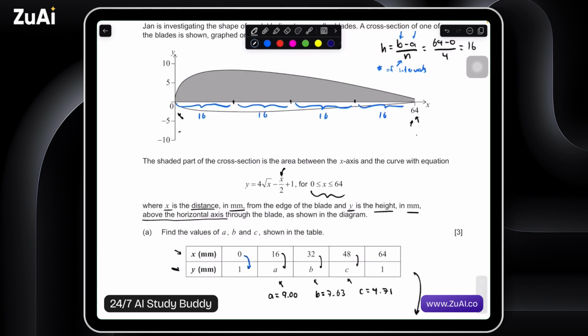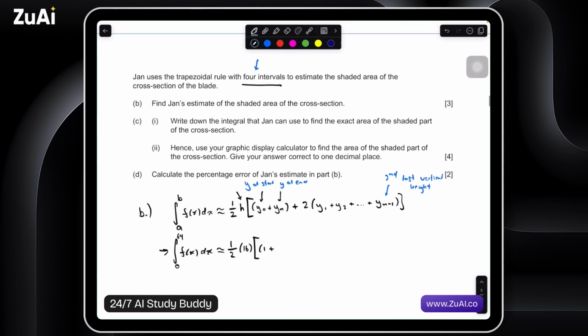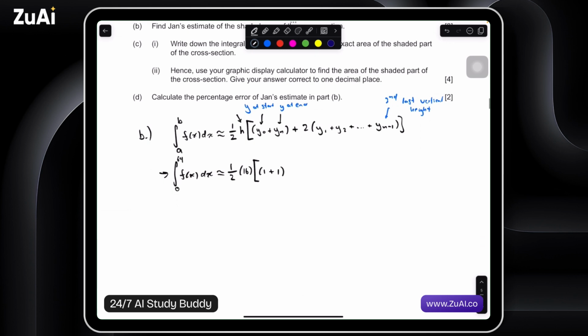And we said 64. 64 has a height of 1, and that's given to us right here at the bottom. Plus 2 times, and these are all of the intermediate heights. So we can write that, I suppose. These are the intermediate values for the heights at these given positions.